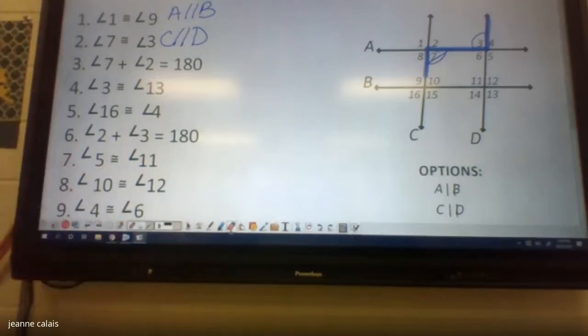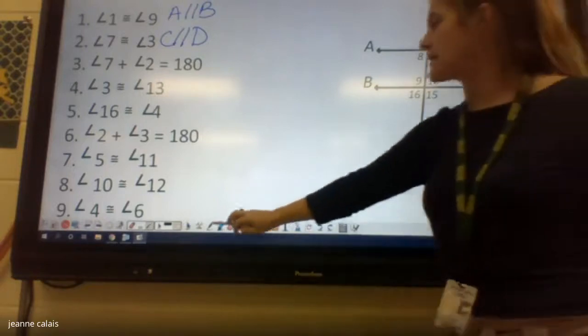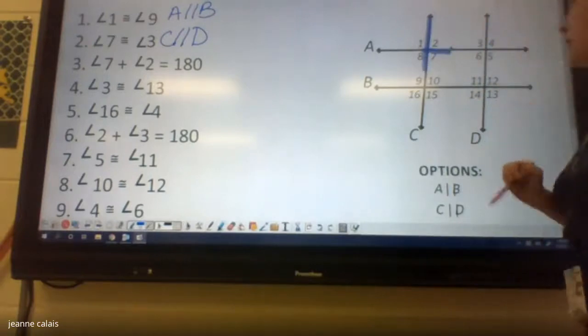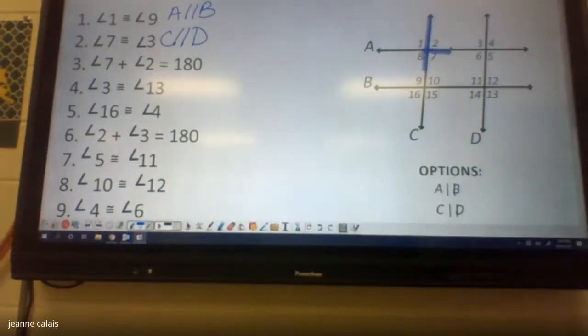Now here I have supplementary angles. Okay, now you have to pay attention. 7 and 2 are supplementary, but why? They are a linear pair. Linear pair is always going to be supplementary. Now think about it.